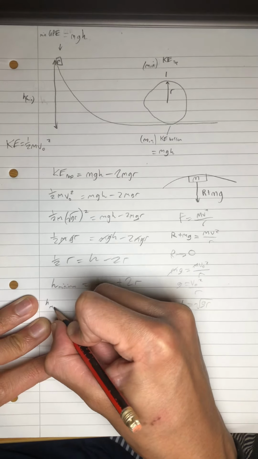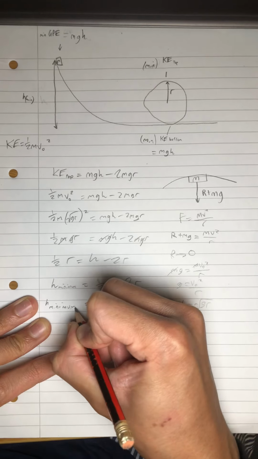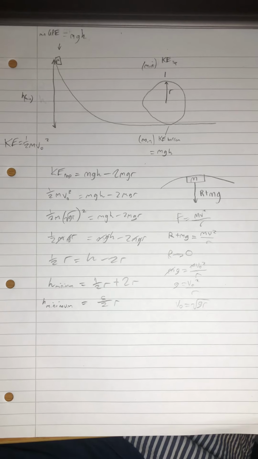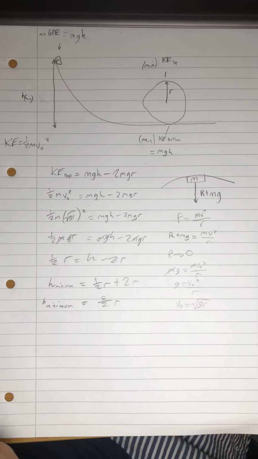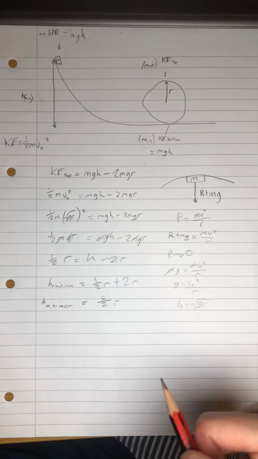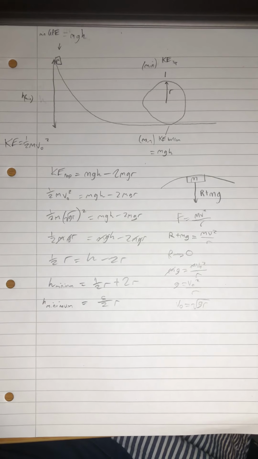So apparently the minimum starting height of a roller coaster has to be 5 over 2 times whatever the radius is of the loop-de-loop that you want it to get around.